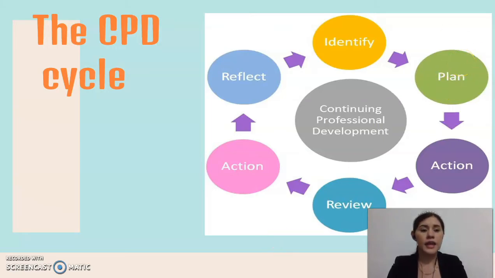Also, you have to take action on what you are going to do and how you are going to do it, reviewing what you have done, taking action again, and finally reflecting on your own progress.